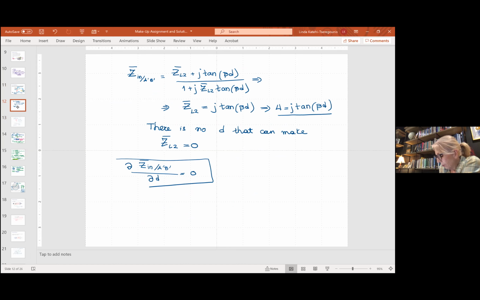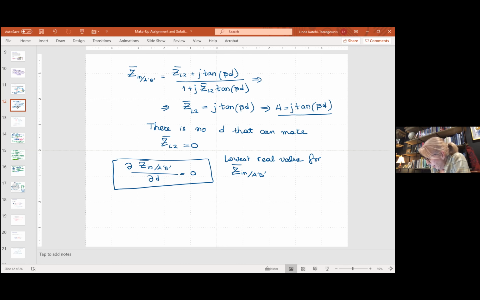The easiest way to do this will be to find the lowest real value for Z input at A prime, B prime, okay?